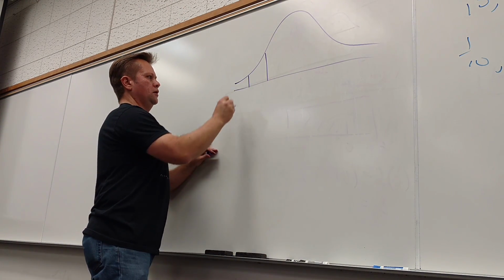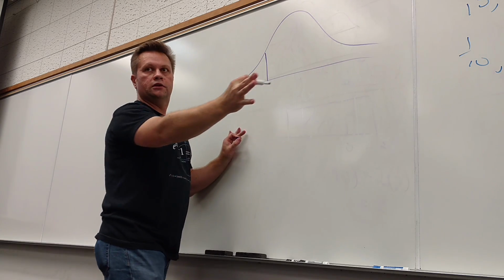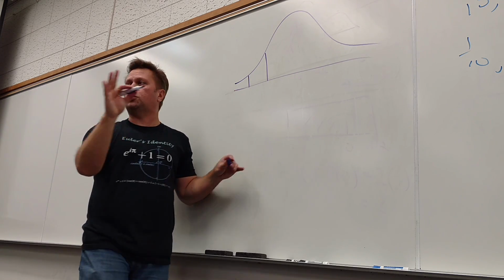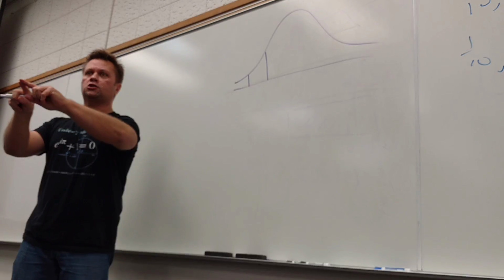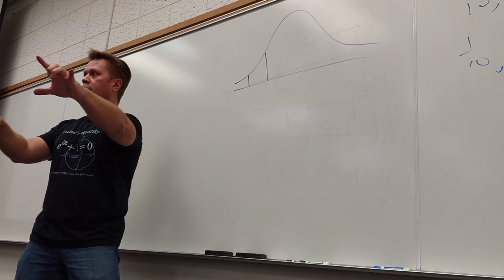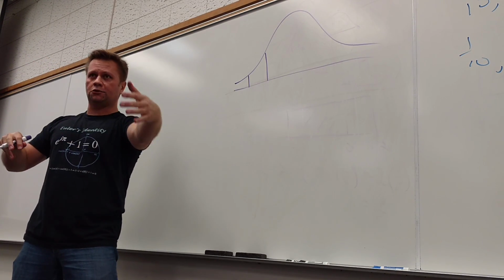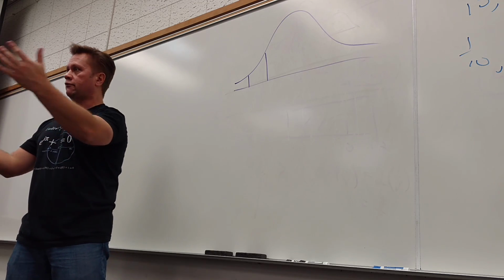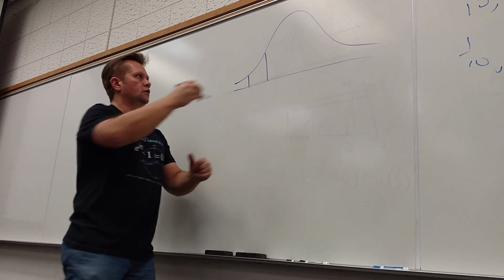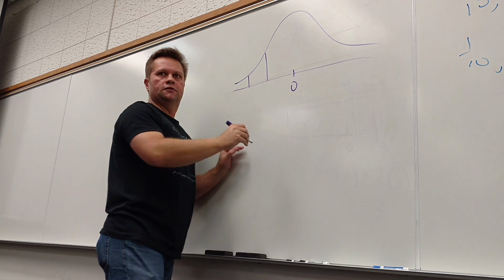So if I want to know, where does 0 go in this chart? What is this a chart of? Z-scores to begin with. If it's not Z-scores, we make them Z-scores, and we have a formula to do that. So here's where 0 is.